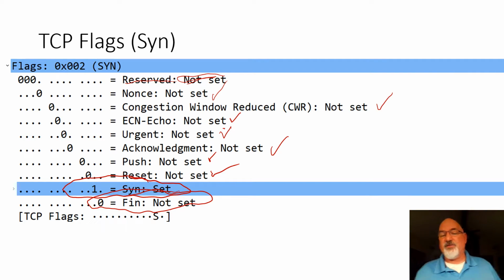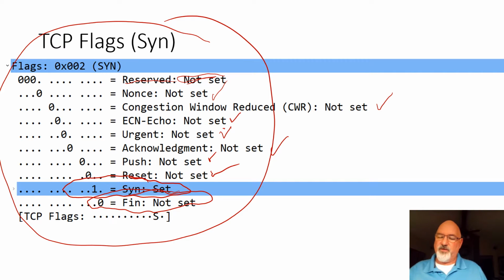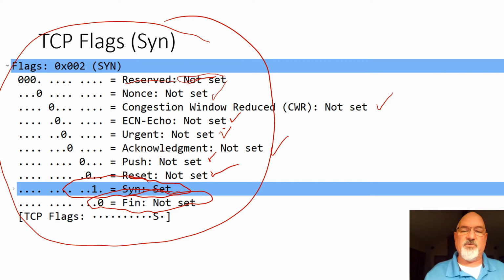And then a lot of times after the fin happens, you'll see several resets, both sides throwing resets out there, maybe the firewall throwing a reset. It just depends. But I have seen developers close connections just by sending a reset. So not always a good idea, but it's good to understand what all of these flags are and why they're set and the different reasons why they're set.